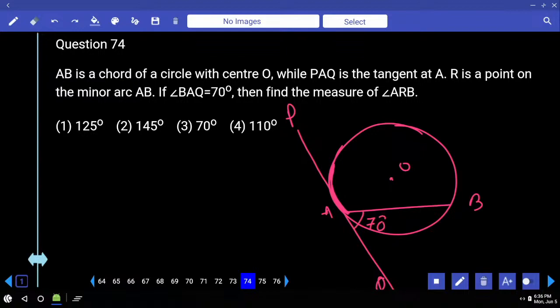So this angle is made by the tangent with a chord, so this angle will be equal to the angle in the alternate segment. Alternate segment theorem. If it is 70, we have to consider another point R. He is asking for ARB, which is 110 degrees. That is a cyclic quadrilateral. Let us consider this as C. CARB is a cyclic quadrilateral in which one of the angles is 70, so the opposite angle will be 110.